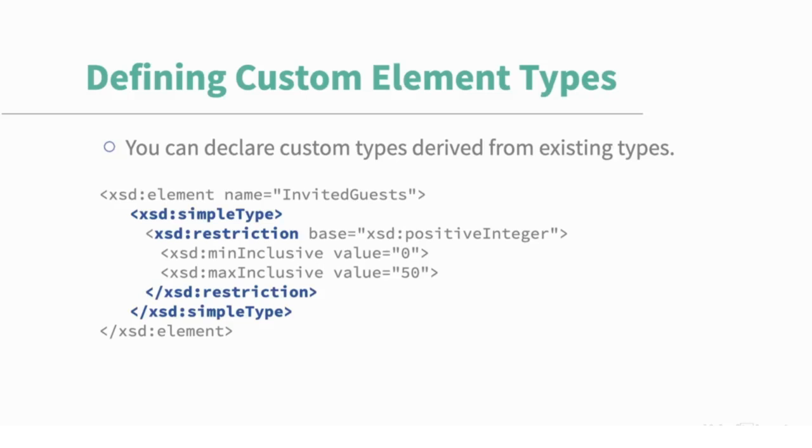So we probably want to provide a much tighter restriction on the number of invited guests. So inside the element, we would use the simple type tag. And then inside there, we would use the restriction tag to declare that our element is restricted to having certain content. In this case, we could specify a restriction based on the positive integer type.